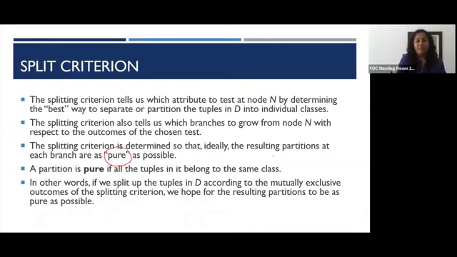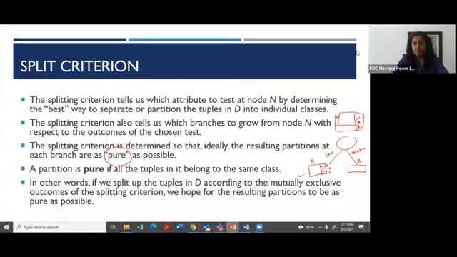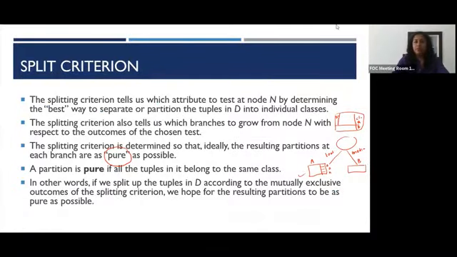So what you mean is, for example, when you have a large data set here and you are putting these branches, one set of this data goes this way, another set goes this way. What do you mean by a pure partition? I will come to the example once again and show you.